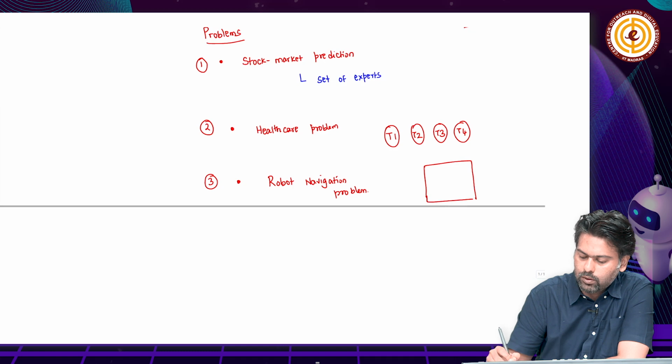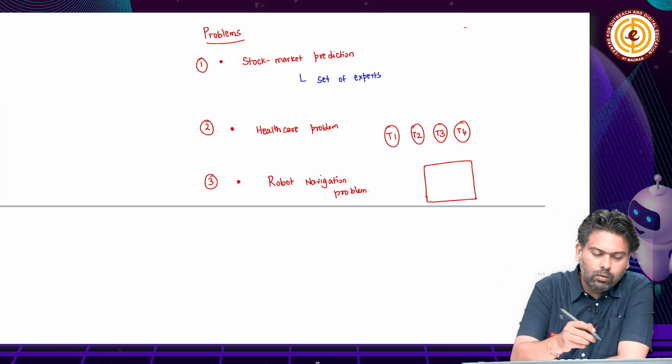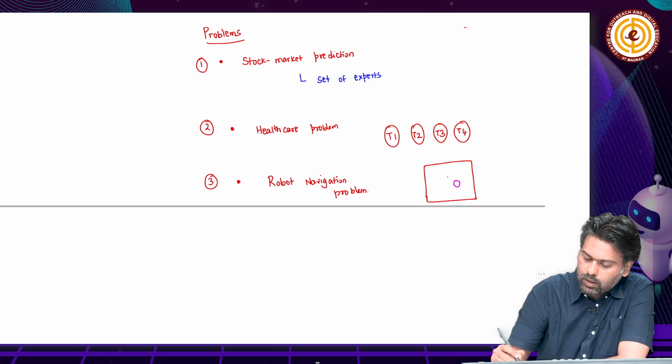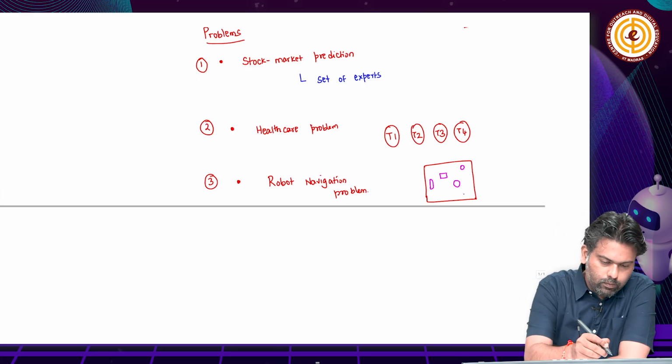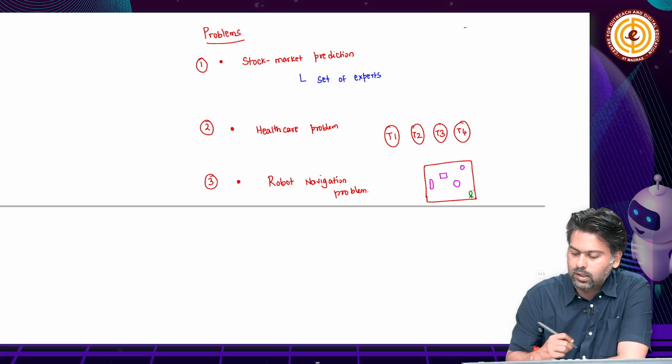Let's say think of this as the floor of your house, and now there are a lot of objects of different shapes and sizes kept on the floor. Now you have a robot, right? So we have a robot, which I'm going to put like this.